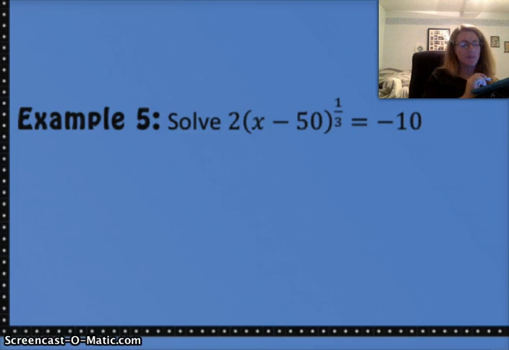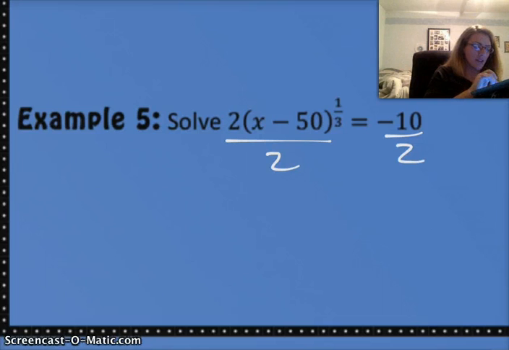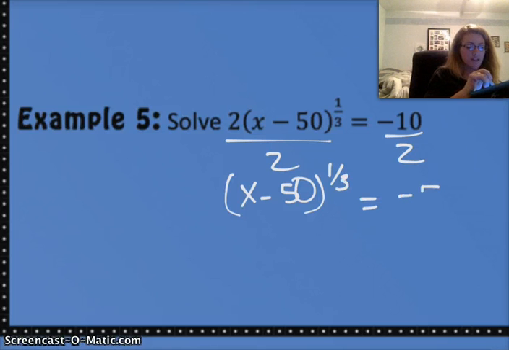Okay, so we have a 2 that we need to deal with. And, well, if I cube everything, I can do that first. I can either divide by 2 first and then cube everything, or I can cube everything, just make sure I cube the 2 as well. I want to isolate the radical, so I'm going to divide by 2 first. And so I have x minus 50 to the 1/3, which is the cube root, equals negative 5.